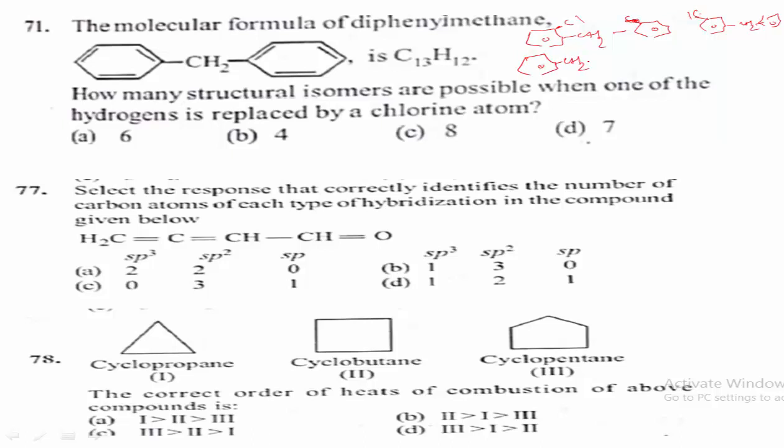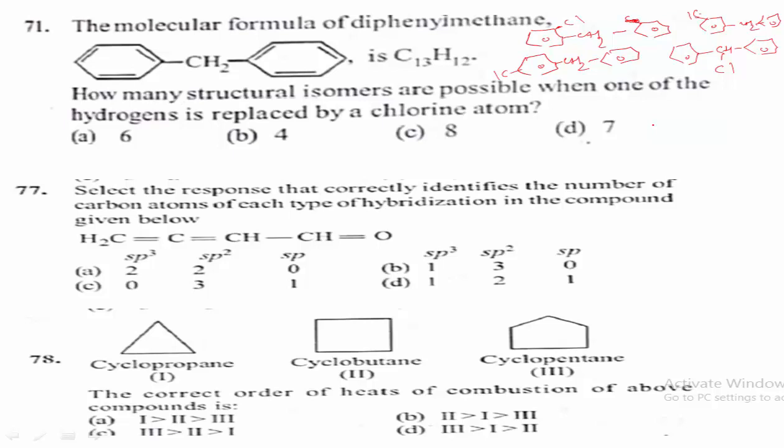Here CH2, I replace the position. Yes, here I write Cl. Okay, here CH. Instead of CH2 I write only CH and that hydrogen is replaced here by Cl. Okay, and this one is another isomer.